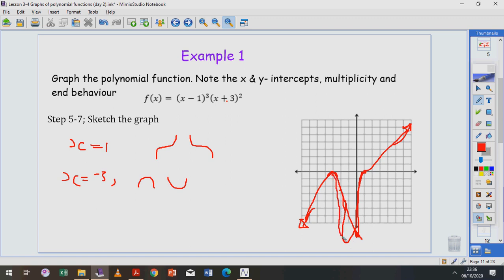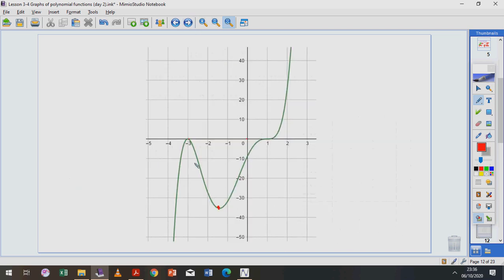I have the general shape of the graph, I just have it way off. So since you're sketching, you're not going to be penalized so much for what your sketch looks like, and the ones that we give you to try and sketch will not be as complicated as this one. So yeah, this is what the graph looks like. One thing that I got right was the end behavior. The end behavior, that was right.